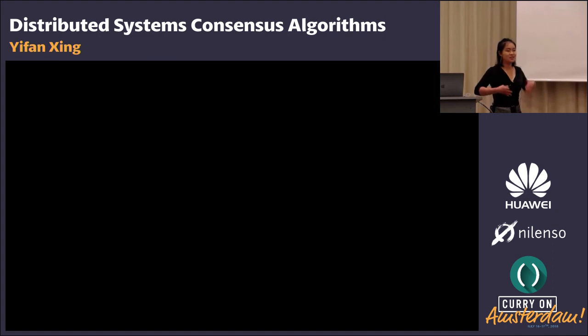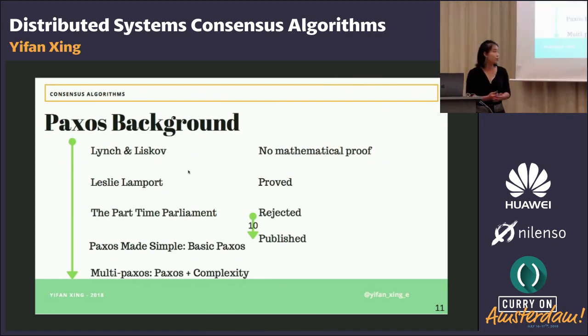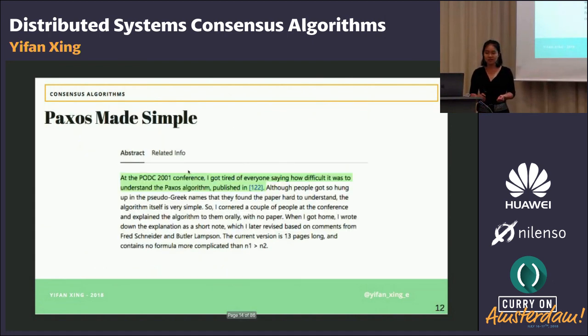And people then started to understand what Paxos is and how it works. And then later he wrote about multi-Paxos, which is another version of Paxos, basically basic Paxos with complexity on top. I'm not making this up. Just to prove it, he actually wrote the story in the abstract of the Paxos Made Simple paper, explaining the story of him explaining how Paxos works. So go read it, it's really fun.